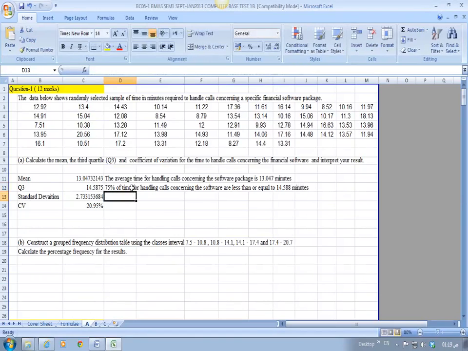The next one is coefficient of variation.